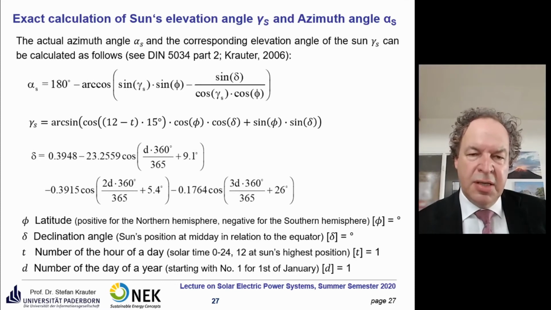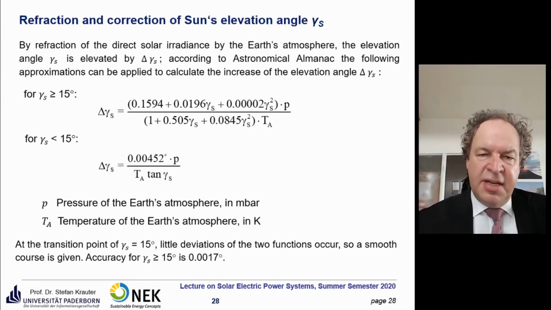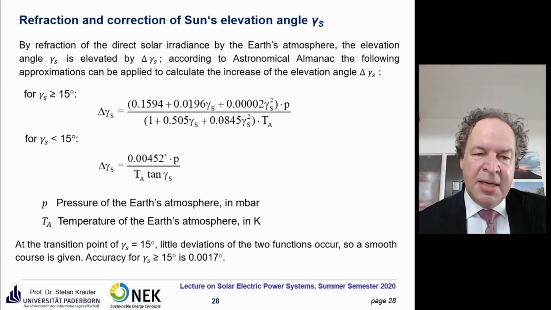If you do it close by, this formula gets unstable if the sun passes the equator. You can even make some corrections here for the sun elevation angle due to the refraction of the atmosphere. This is from the Astronomical Almanac, so some correction factors.